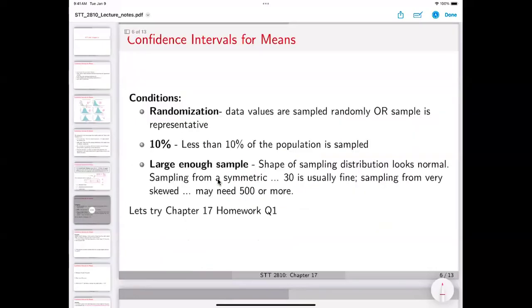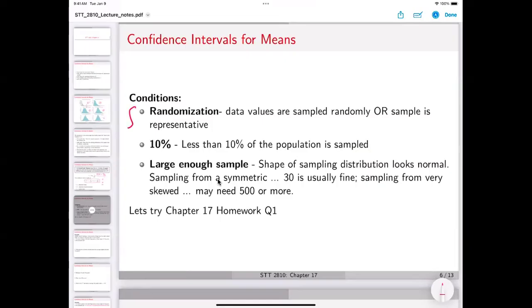Let's proceed. There are some conditions for us to also assume the normal distribution when we want to use the sample mean. Just like when we were dealing with proportions where we looked at those conditions, the sample mean also has some conditions if you want to use the normal distribution. First and foremost, the sample has to be random, or simple random sampling. And less than 10% of the population should be sampled.